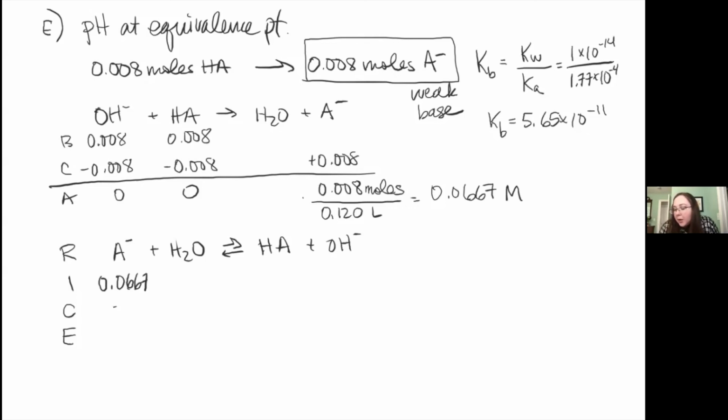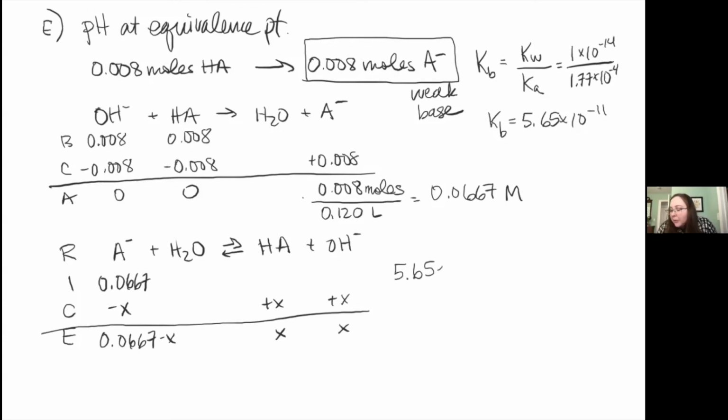0.0667. And we're going to lose a little bit of that as it reacts with water. We're going to gain some of the conjugate acid and some hydroxide. And then we'll have our Kb, 5.65 times 10 to the minus 11th. That's going to be x squared over 0.0667 minus x. And we just have to solve for x. We can neglect this guy here.